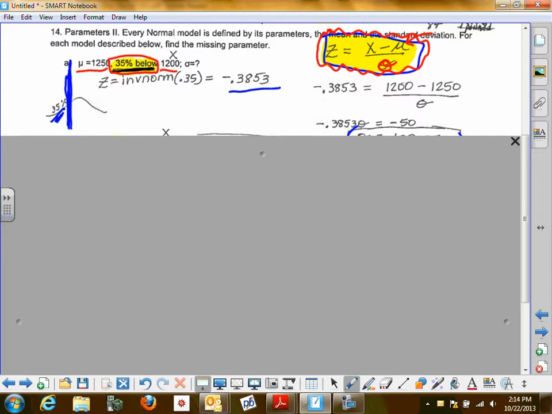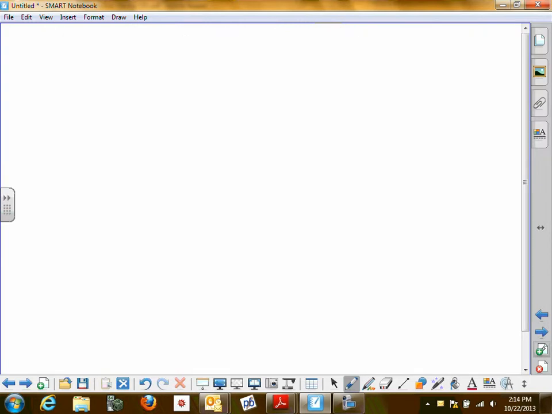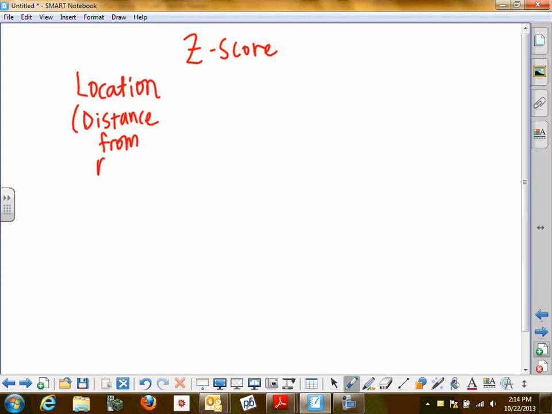Okay? So in summary, let's kind of talk about your z-scores. So your z-score is a location. It is that distance from the mean. Okay, and so I want you to think of it like your line in the curve, in the picture.